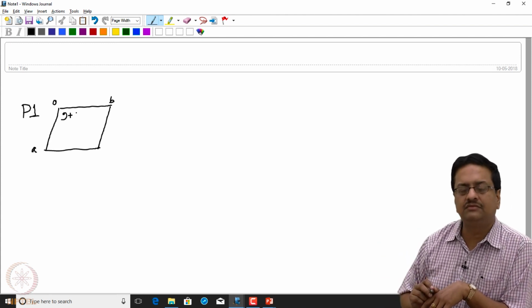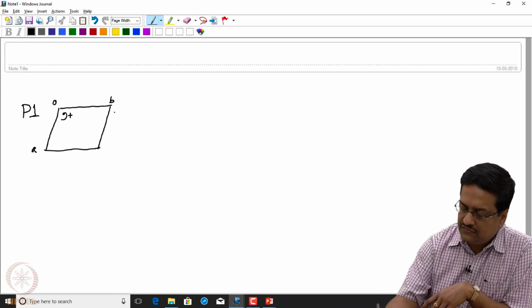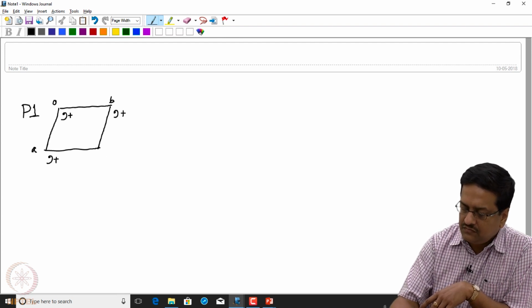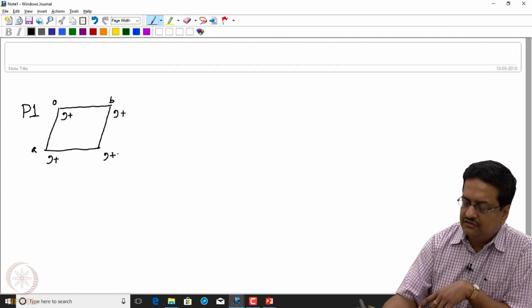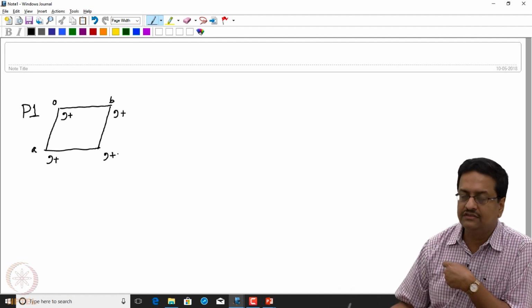Since there is no other symmetry element, if I just draw the translational symmetry related objects outside this unit cell, it will complete the representation of P1 space group.